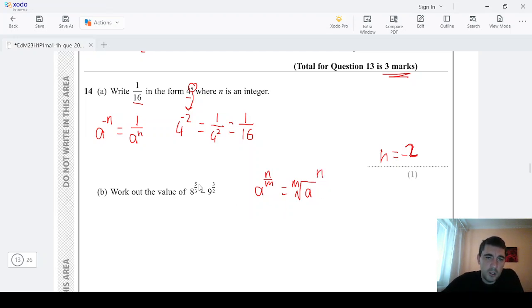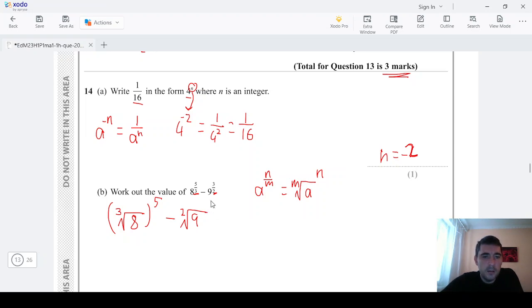So let's change both of these into thirds, so we get the cube root, because we've got 3 in the denominator. So the cube root of 8, then raised to the power of 5, take away the square root of 9. By default that 2 is not written, because everyone knows that a square root has 2 there, but I just wrote it anyway.